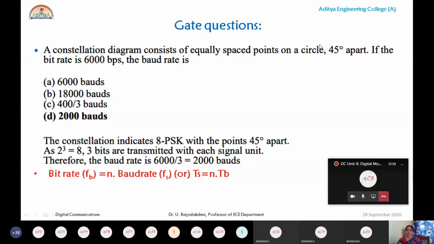Now you should know the general expression for the phase difference between two successive points in M-array PSK. What is the phase difference between two successive points in M-array PSK? Then you can know which kind of PSK it is.